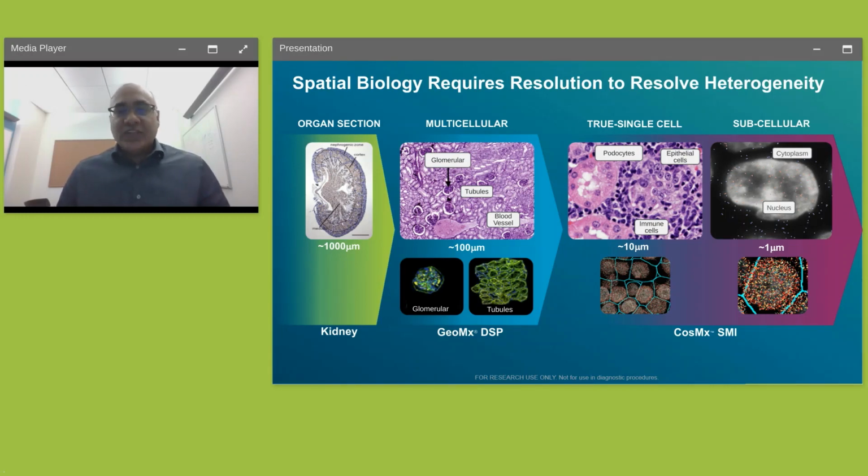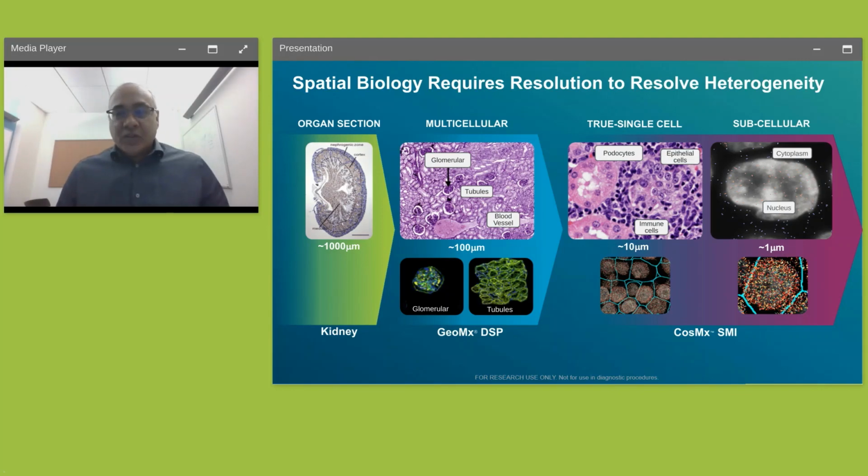GeoMx DSP, with its whole transcriptome analysis and high throughput, has become a method of choice for multicellular spatial analysis. Earlier this year, we launched our second spatial platform called the CosMx Spatial Molecular Imager. CosMx enables spatial analysis at single cell and subcellular level. In my talk today, I'm going to focus mainly on CosMx SMI.